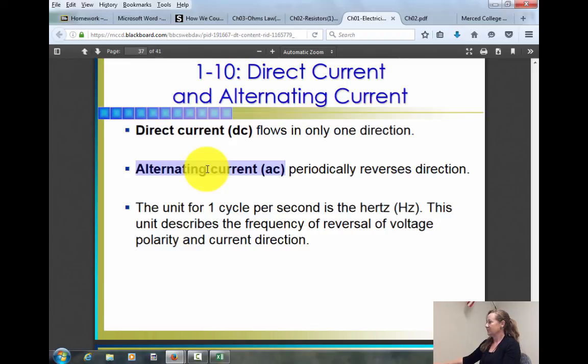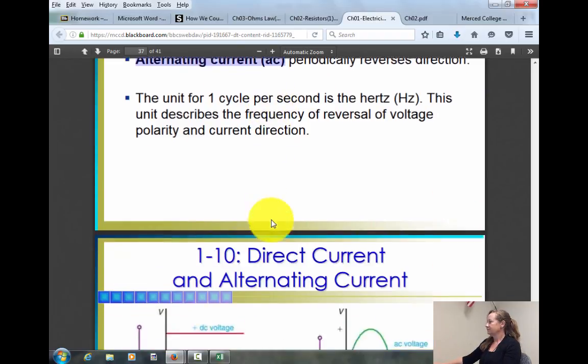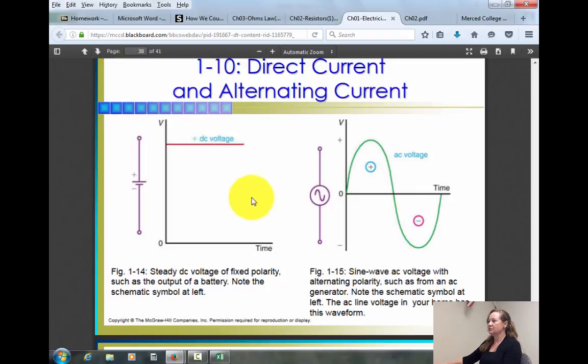Usually alternating current is drawn as a waveform, going from positive to negative, and direct current we usually just draw as a straight line. When we go down to the electronics lab and look at our readers, we'll just see a line, not the alternating current.